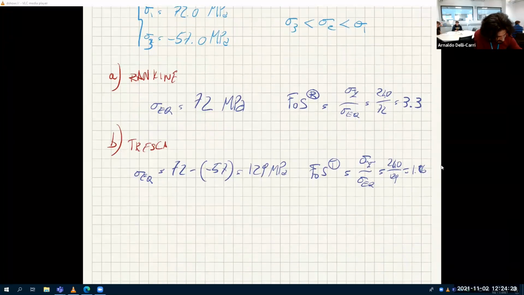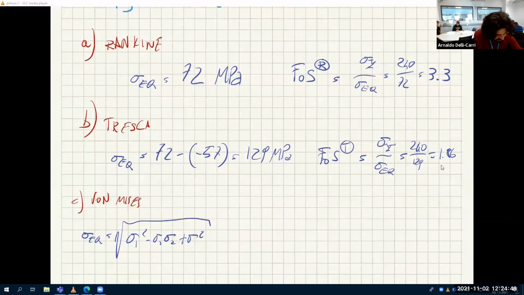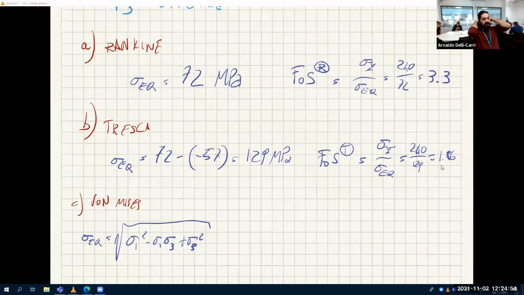And finally, this is von Mises. Sigma equivalent is the square root of sigma 1 squared minus sigma 1 sigma 2 plus sigma 2 squared. I know this by heart. And again, this is always the case, even if you have sigma 3. Let's call this sigma 3, because sigma 2 is 0. If you use the 3D equation for Tresca and one of them is 0, you always get back this one.